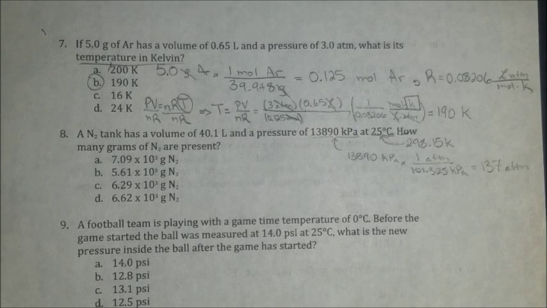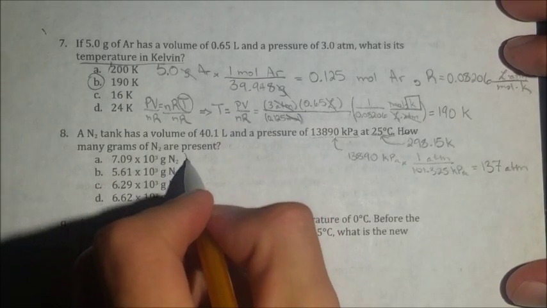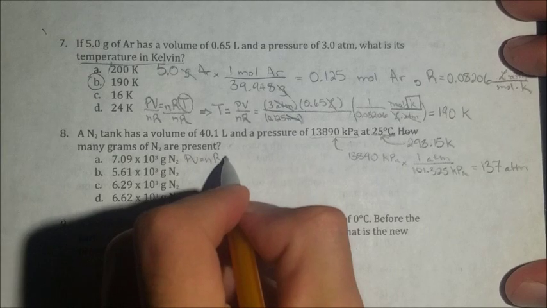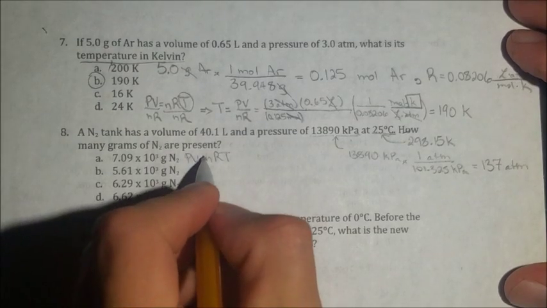Here in number 8, we have a nitrogen tank with a volume of 40.1 liters and a pressure of a whopping 13,890 kilopascals at 25 degrees Celsius. Here we're being asked to determine how many grams of nitrogen gas are present. So in the equation PV equals nRT, there's no real place for grams, but what we do have is moles.